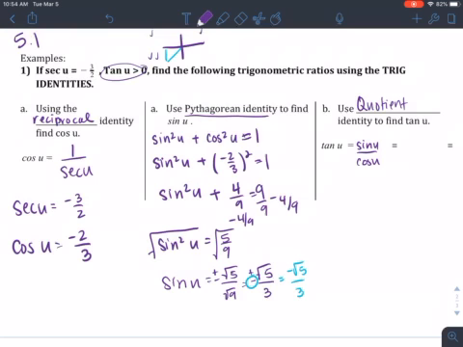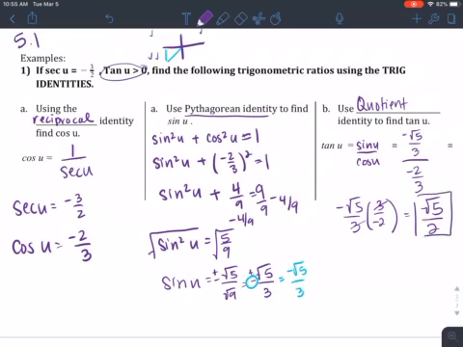So sine u over cosine u would be what we just figured out, negative root 5 over 3, divided by cosine we had before, negative 2 over 3, multiplied by the reciprocal. So negative root 5 over 3 times 3 over negative 2, cancel, cancel, gives me root 5 over 2, positive. I hope it's positive because that's what my given information told me.